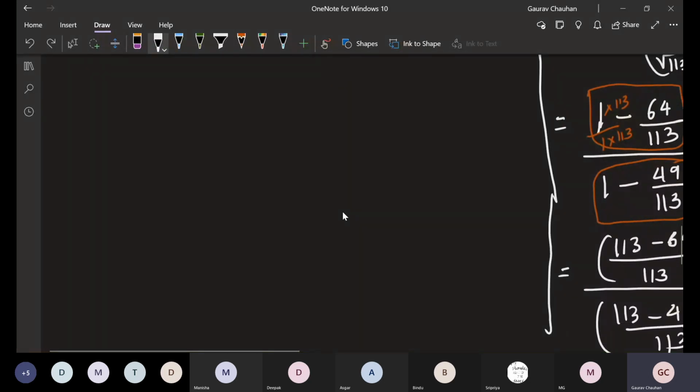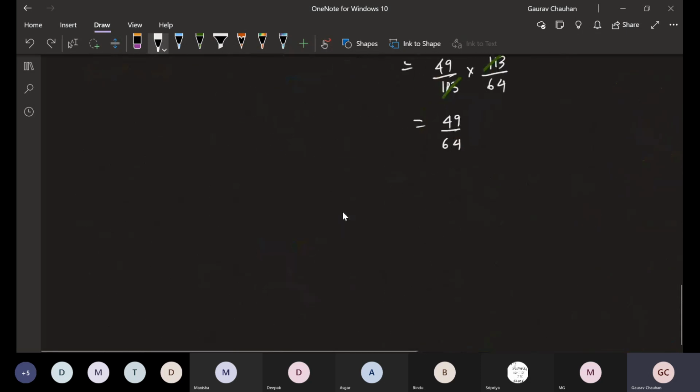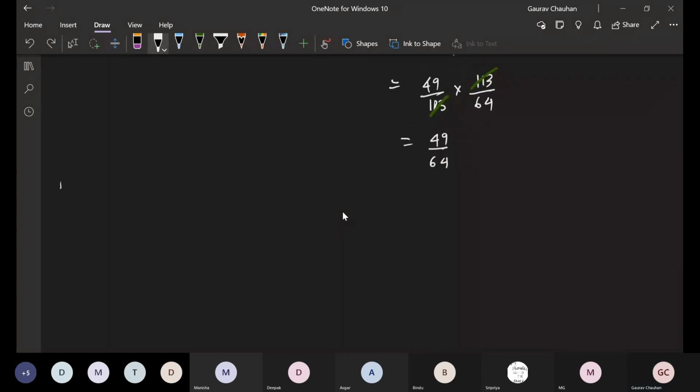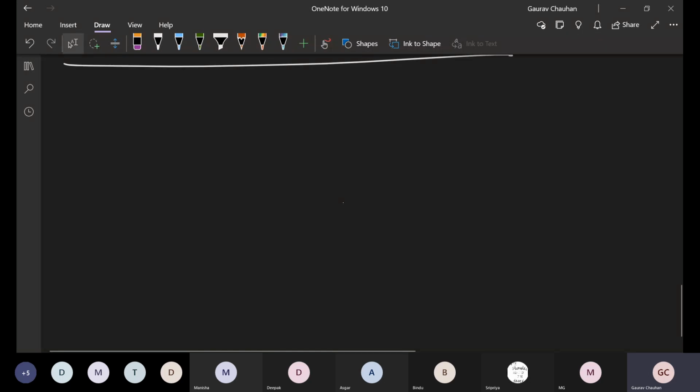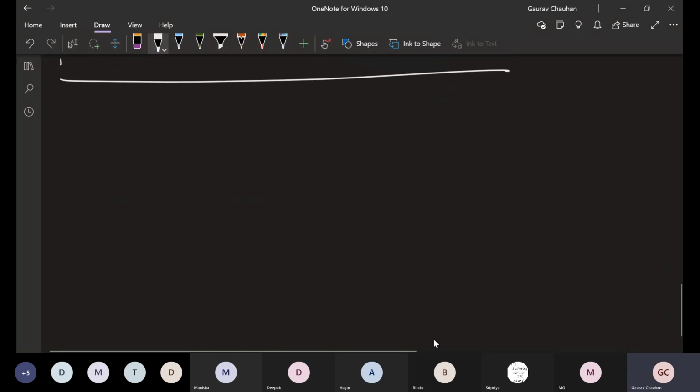First thing is about any fraction. Okay. About a fraction. Let me write here. Let's take a fraction a by b.